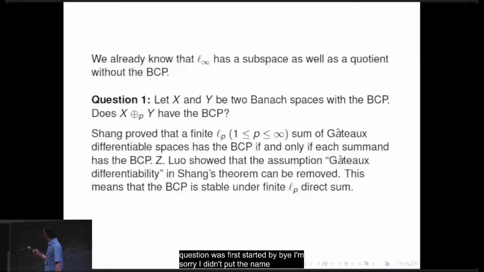With some additional condition, if the spaces are Gateaux differentiable and both spaces have the Ball covering property, then the sum has the Ball covering property. Later on with Law, we were able to remove this differentiability assumption. Actually, we proved a stronger result, that even for the infinite direct sum, the BCP is still preserved.